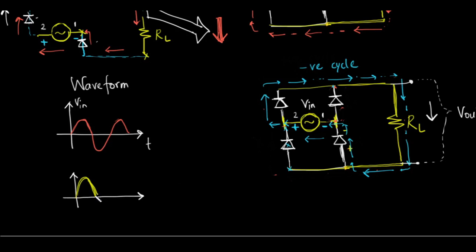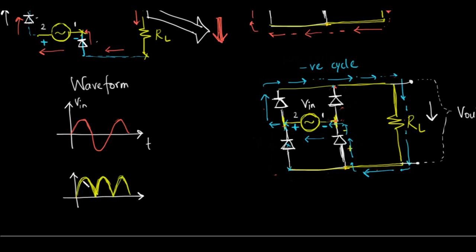So for the negative cycle, we have the voltage output like this. It is also positive. This pattern will repeat for the other cycles.